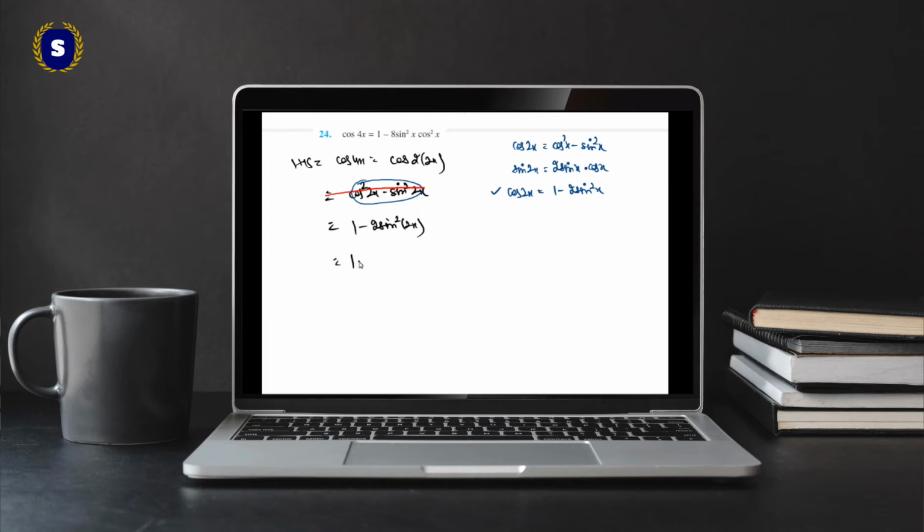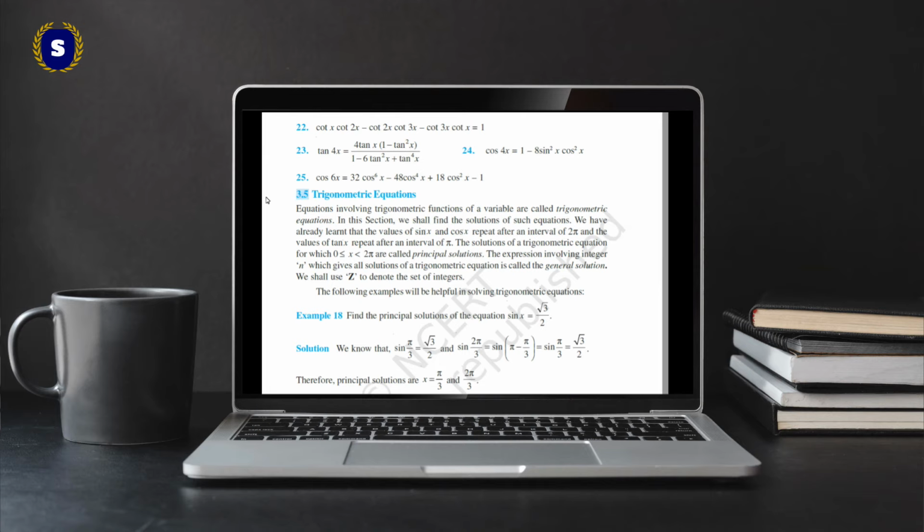Now we can use the identity sine 2x equals 2 sine x cos x, so it will be 1 minus 2 times 2 sine x cos x whole square. So it will be 1 minus 2 into 4 sine square x cos square x, that is 1 minus 8 sine square x cos square x, which is equal to RHS. Hence proved.